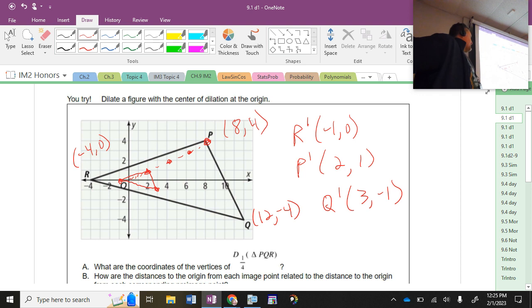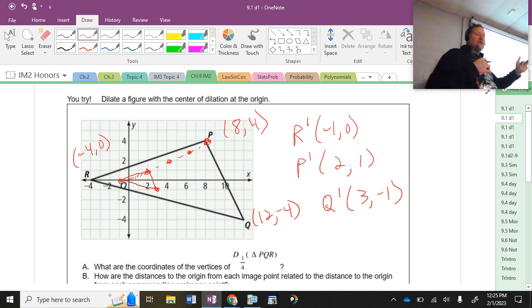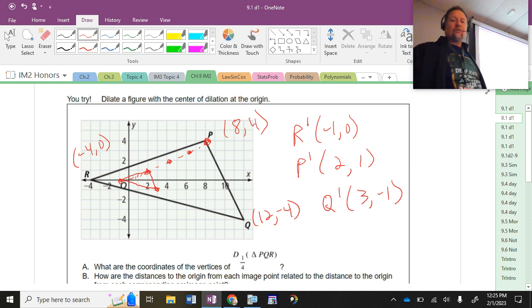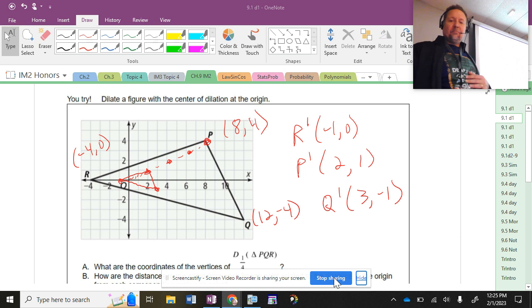Go 3 backwards, and now you've got 1/4 of the size. Kind of weird, right? But that's what happens. We'd have to use the distance formula to check that proportionality holds at 1/4. I would find the distance from P to Q, and then the distance from P prime to Q prime, then divide them, and you'd get a fourth. It would happen, and it should. So coordinate planes work a lot better for this. Okay, hasta la vista, baby.